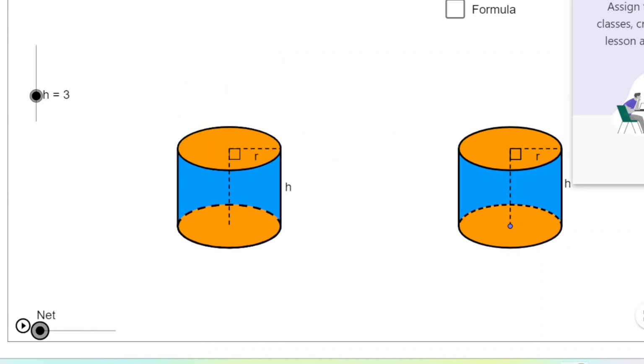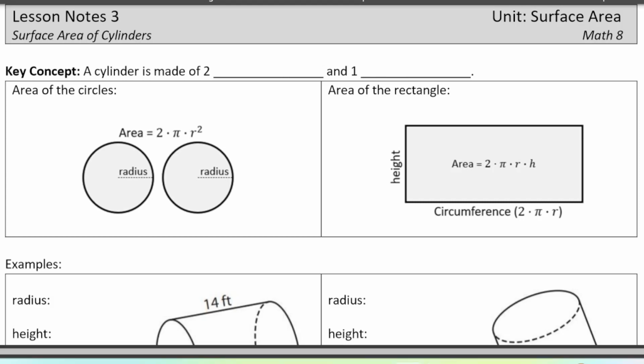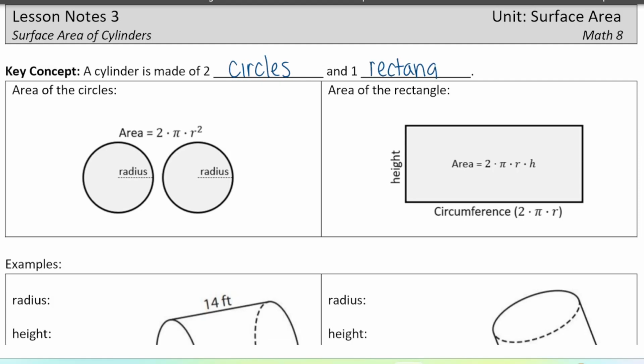Okay, so let's write down these formulas. A cylinder is made of 2 circles and 1 rectangle. The area of 1 circle is pi r squared.